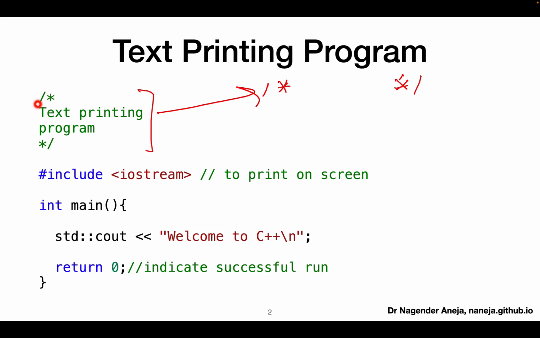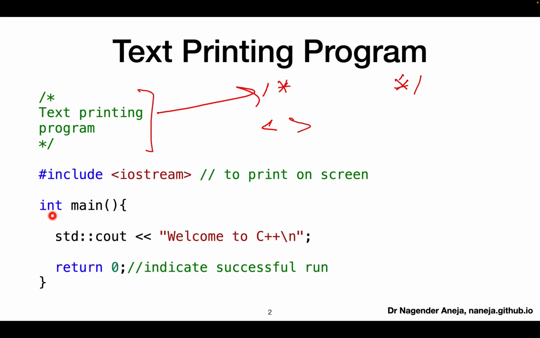So we have a slash star text printing program, and there are two lines here. Then we have the hash include, and then IOStream, which is between the angle brackets. We also have something called double slash, and some text written after the double slash: to print on screen.